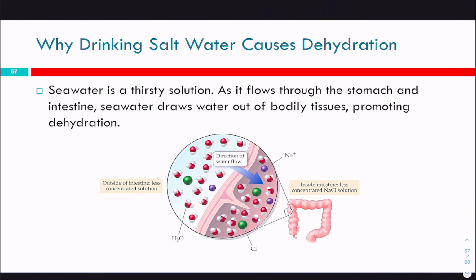And so the water says, oh, I want to even out this concentration. I want to dilute that. So the water leaves your body to try and dilute the seawater that you drink. And so you end up getting more dehydrated rather than being hydrated at all.